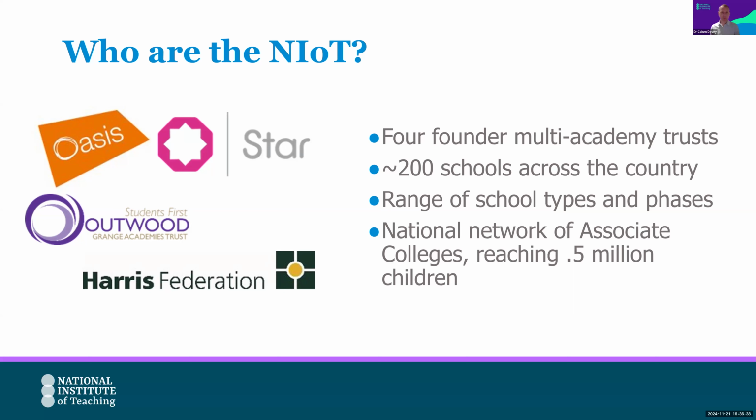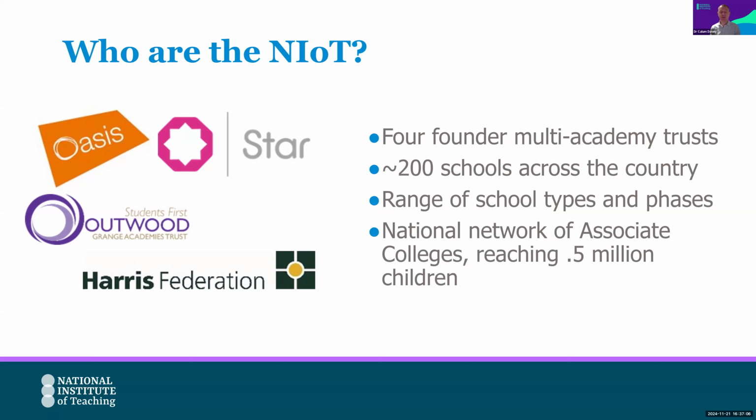So the first thing is that you won't have heard of the National Institute of Teaching, or it's very unlikely, because we're really new. The organization was founded about 2 years ago, really properly, by 4 multi-academy trusts. Multi-academy trusts in England are groups of schools, in this case, groups of between 30 and 50 schools, who work together to deliver a shared and common education experience for children.